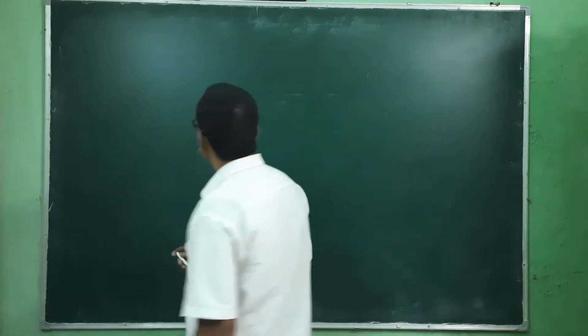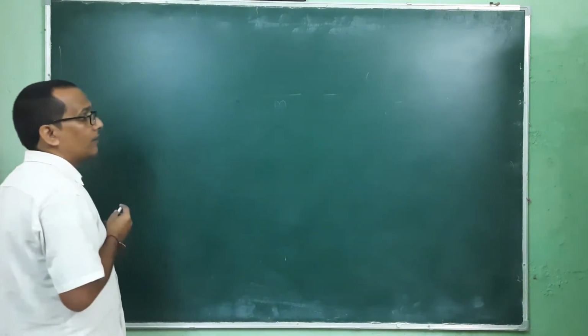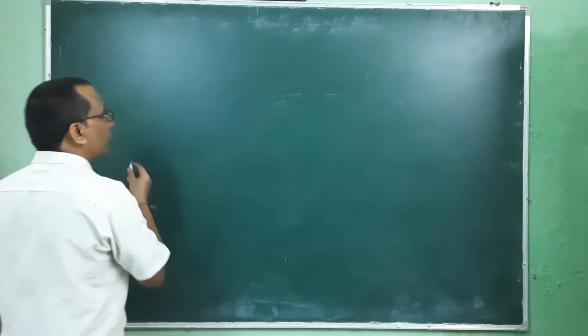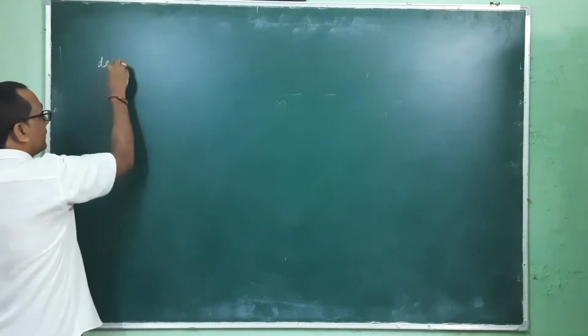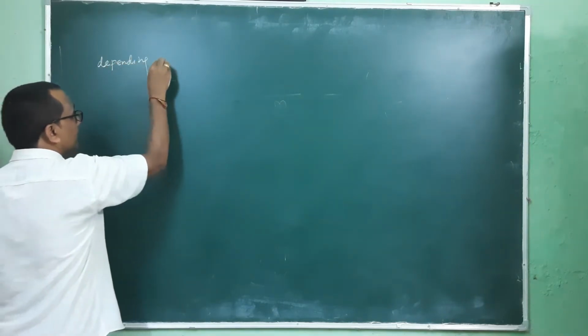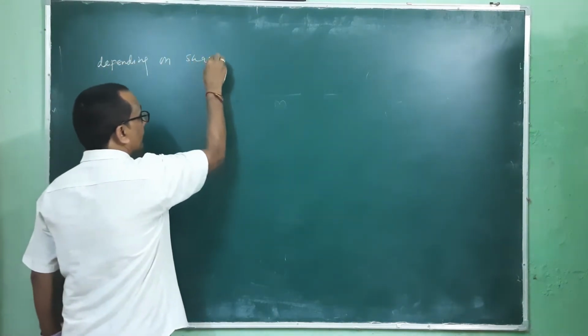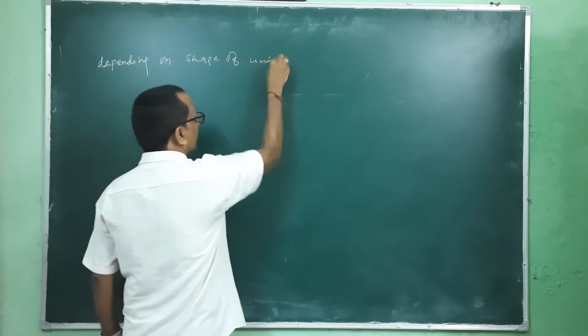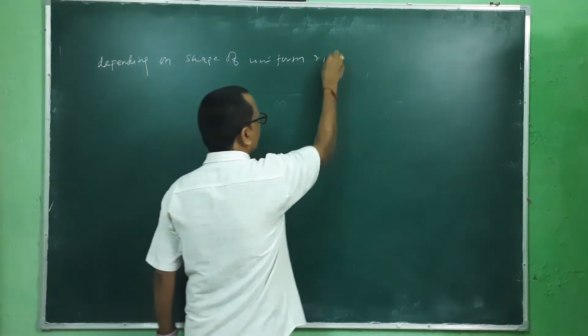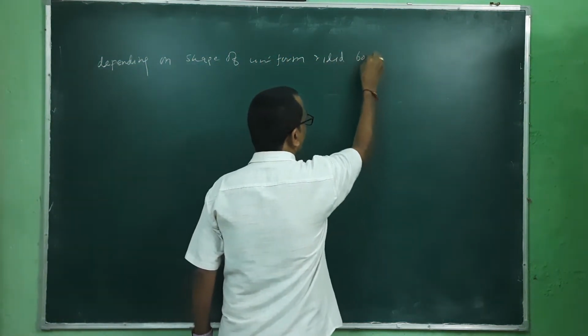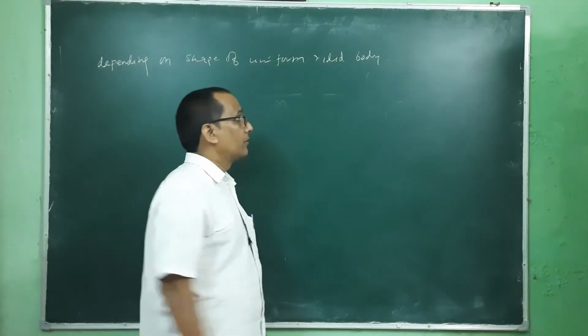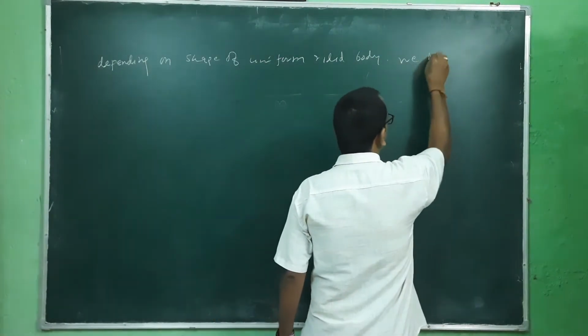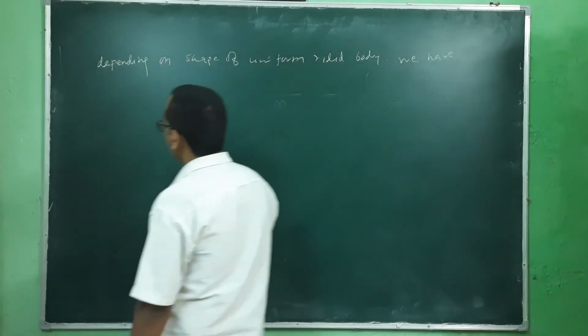So depending on the shape of the uniform rigid body, we have three types of densities.